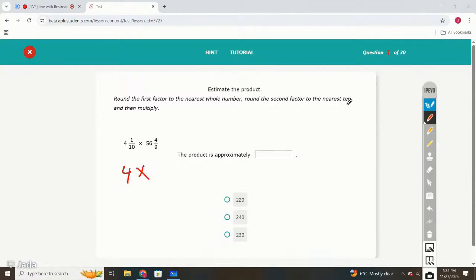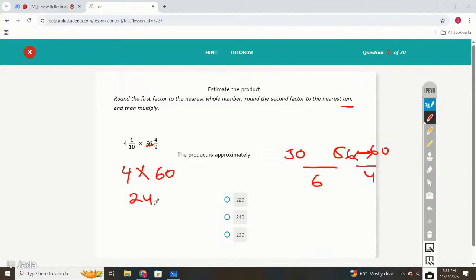Now the second one you need to round to the nearest 10. 56 is rounded to which 10? 56 is between two tens, 50 and 60. That is 4 points away from 60 and 6 points away from 50. So 56 is rounded to 60 because that is just 4 points away from 60.